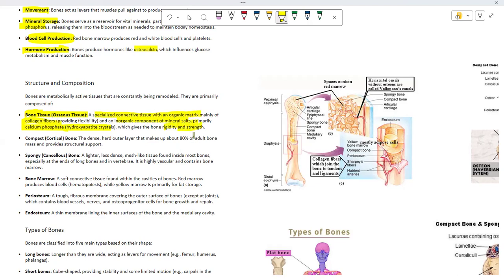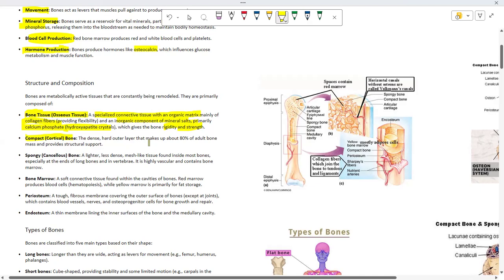All right. So the bone in general has an outer aspect, which is known as the compact bone or the cortical bone. The dense hard outer layer makes up about 80% of adult bone mass, and it provides the structural support.